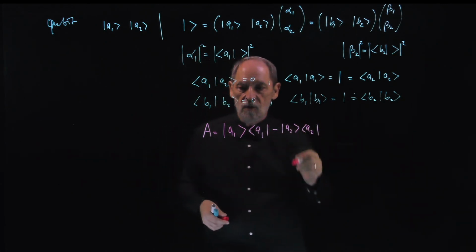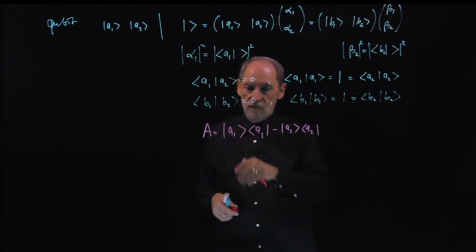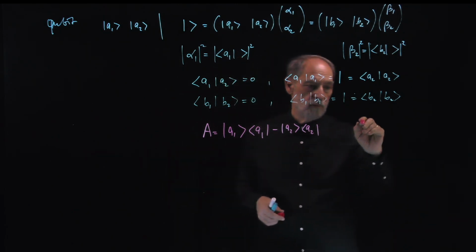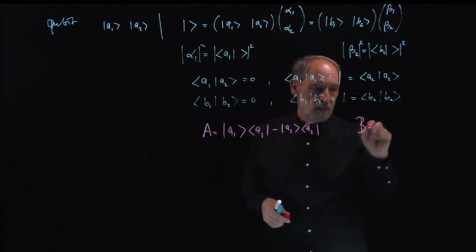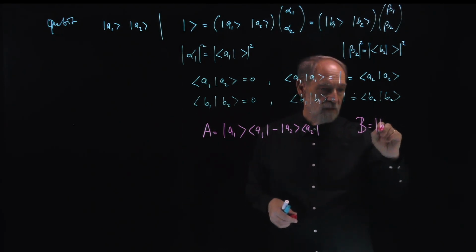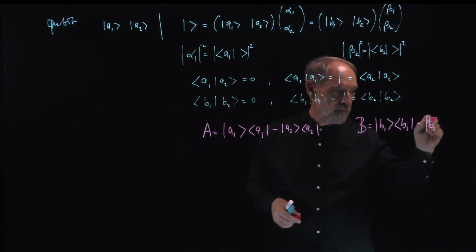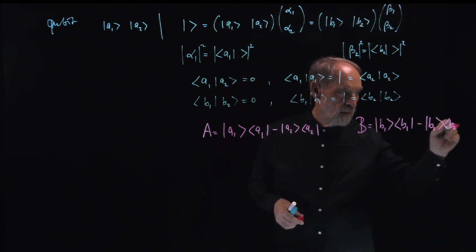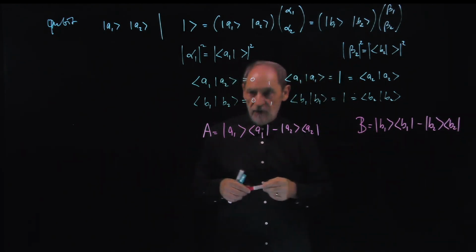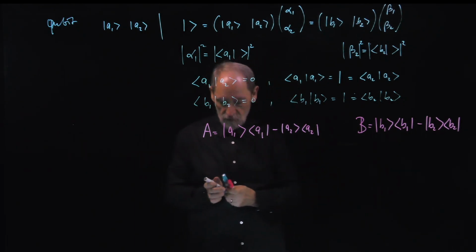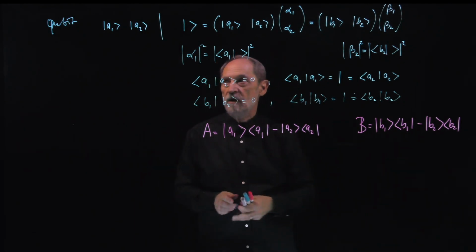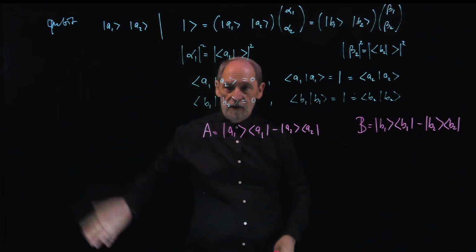So that's the analog of what we call Z for vertical and horizontal, and there could be a quantity B that is likewise constructed for B1 and B2, and so forth. So whatever we did for the polarization qubit simply carries over to qubits of other kinds.